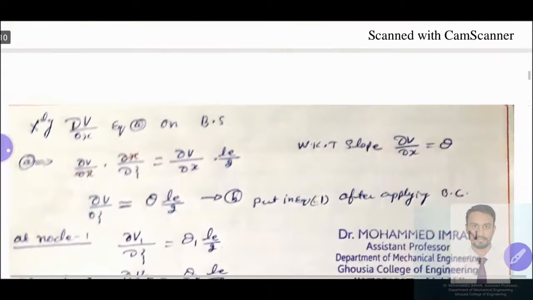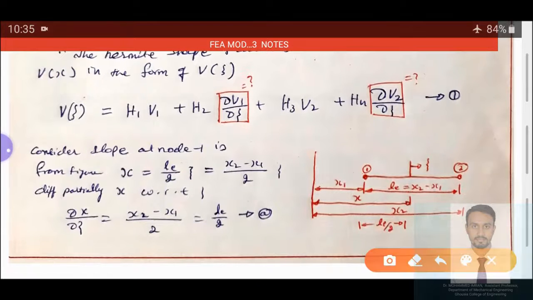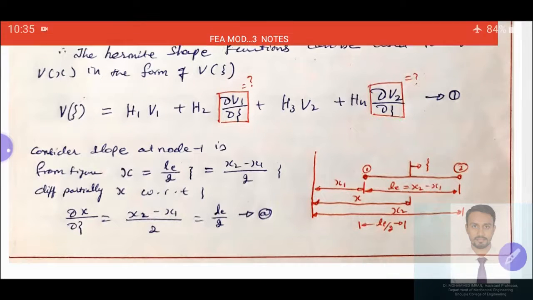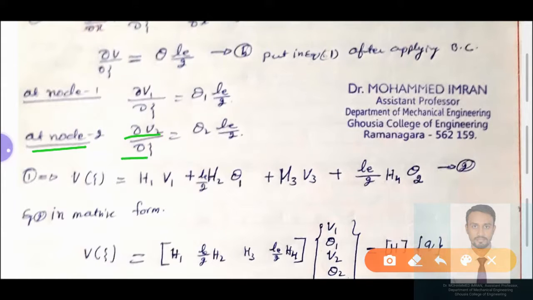Similarly, at node number 2 we have to find out from equation number 1. Just have a look here: dou v2 by dou zeta at node number 2 is equal to theta2 Le by 2. This v becomes v2, this theta becomes theta2, because this is the effect occurring at node number 2.